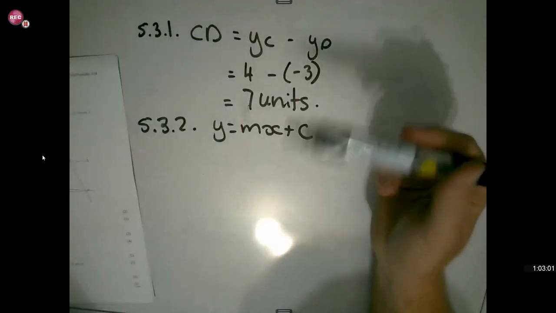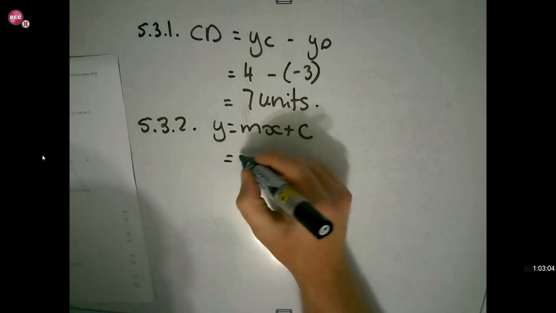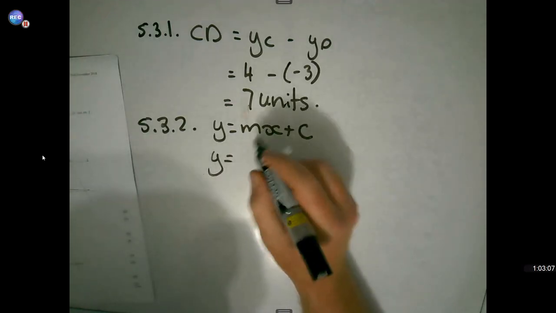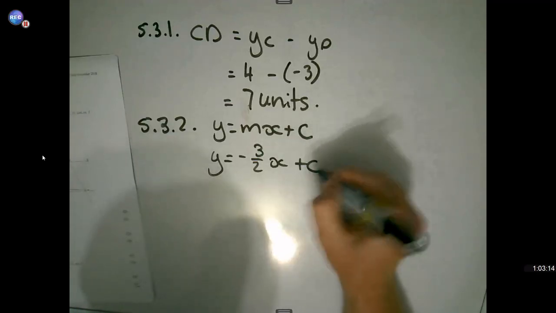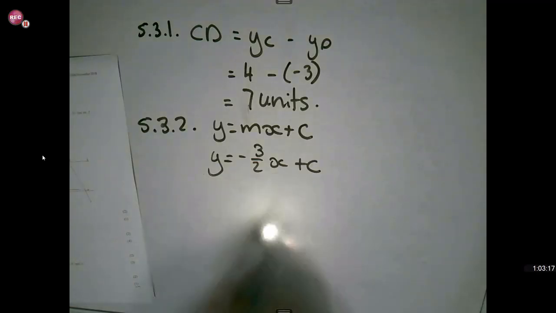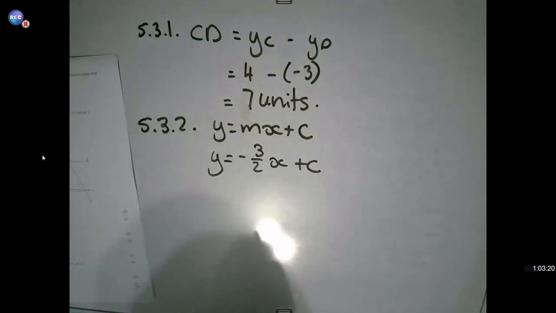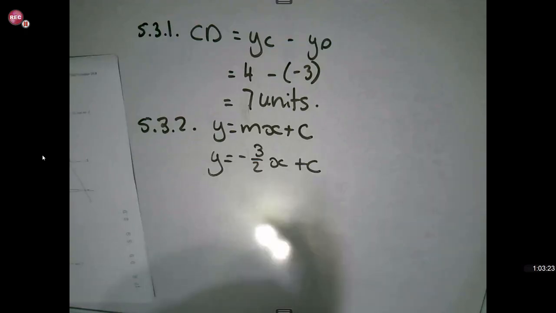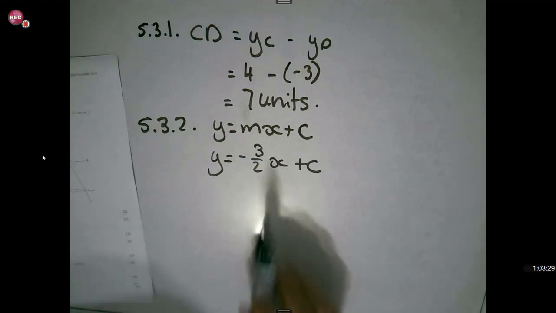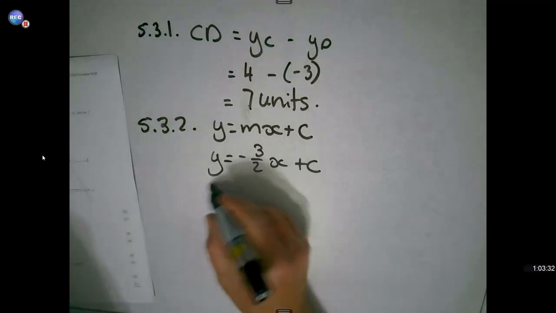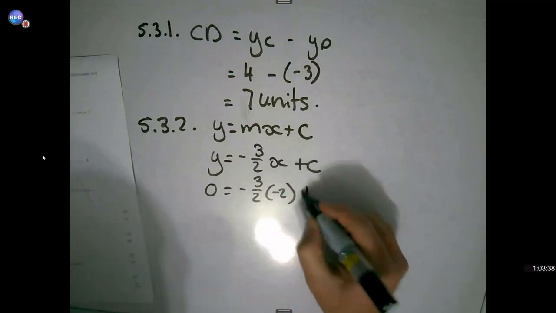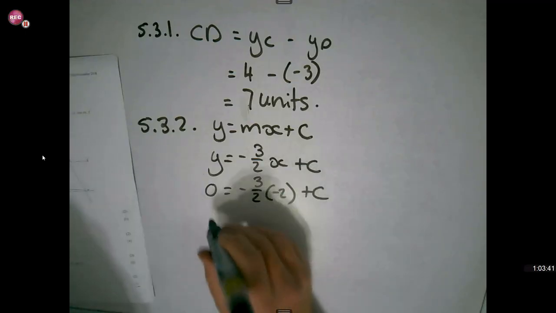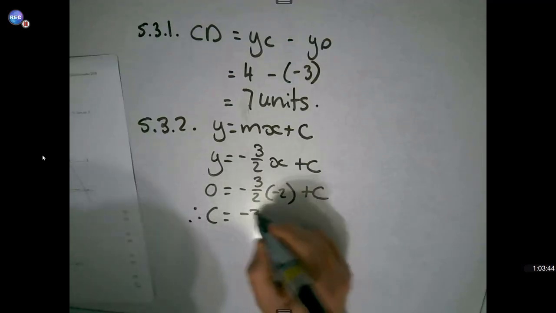So, as the coordinates go, we will then say that y is equal to, for the gradient, negative 3 over 2 x plus c. How do we calculate the gradient? It's easy: y2 minus y1 over x2 minus x1. I've also done a video on that you can go and watch. Then I take the coordinates for point A and substitute them in to get the value of c, which will be equal to negative 3 in this case.